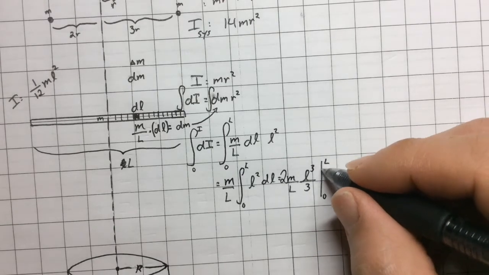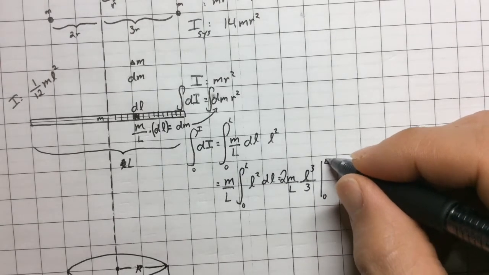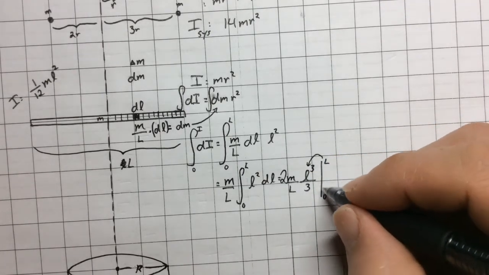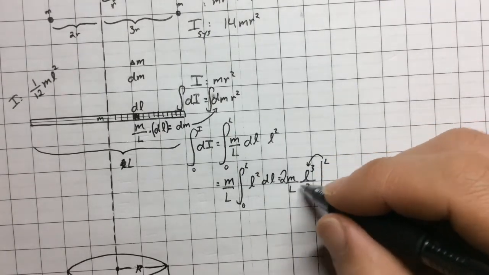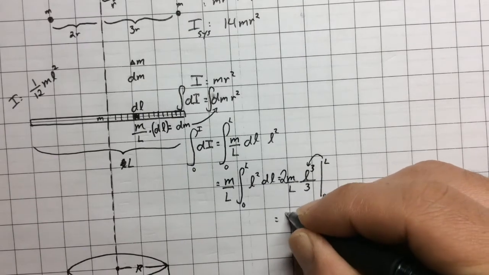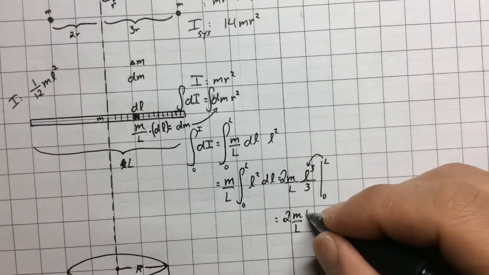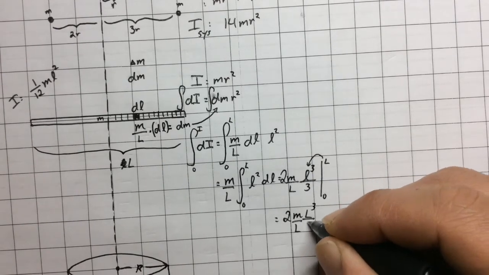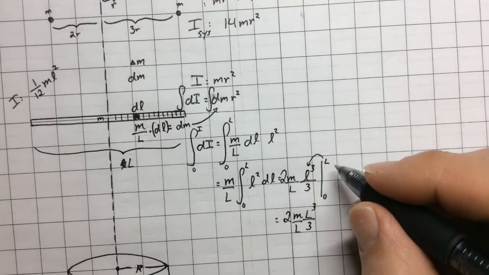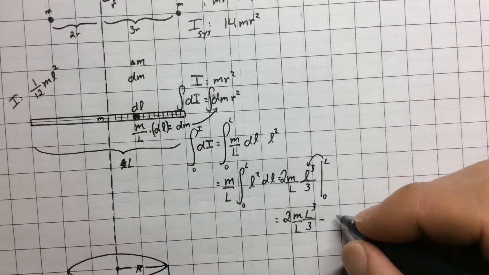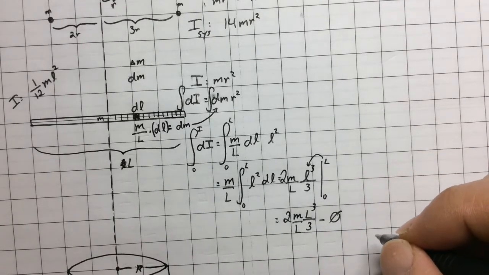We plug in the top one for L, and then subtract the bottom one plugged in for L. So I've got 2m over L with big L plugged in, cubed over 3. And if you subtract the 0 plugged in, I'm just going to get 0 there.